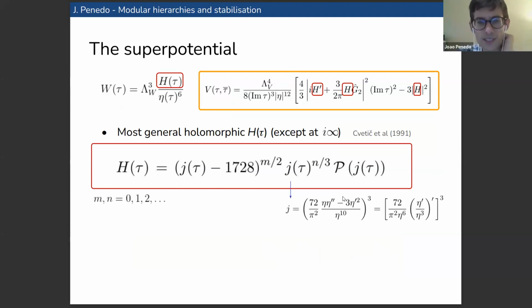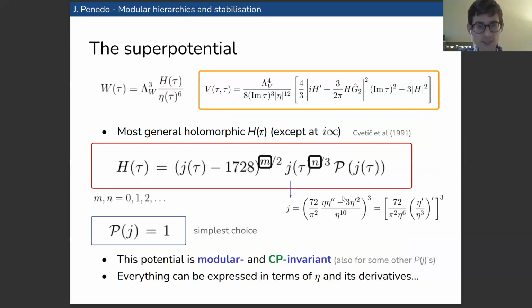And the simplest way is by basically using this J function. This is a function of tau, called also the Klein invariant. And there is a potential which we can fix to 1 as a simple choice. If you do that, you can maybe motivate it. We have some reasoning to motivate this, but in the end, all your potential depends on, which is modular invariant, is CP invariant.